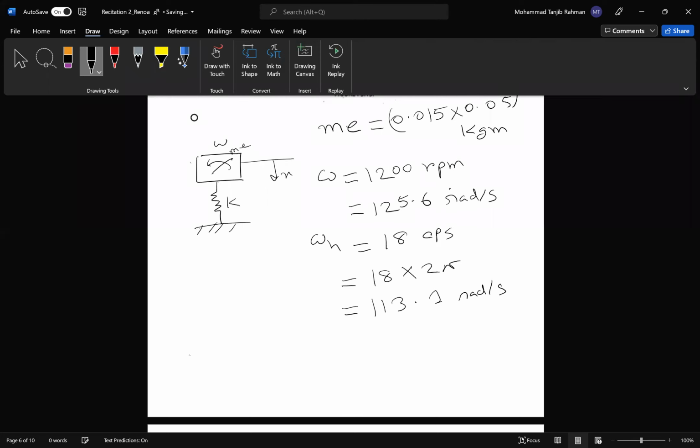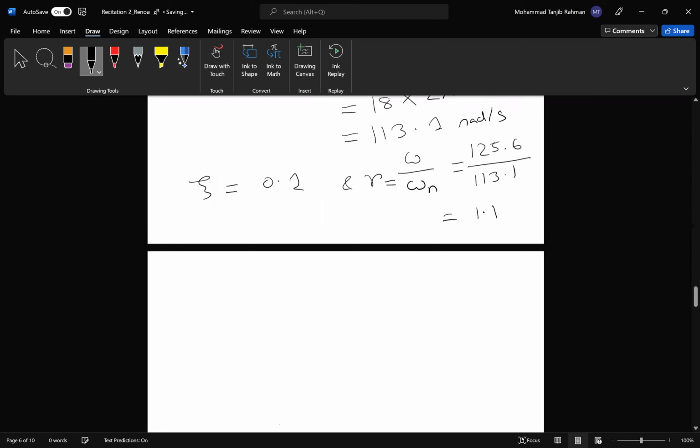Also, we are given zeta is equal to 0.1. And from this information, we can calculate R, which is omega by omega n. 125.6 divided by 113.1, so R is equal to 1.1.